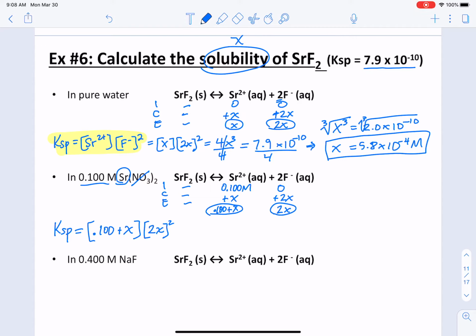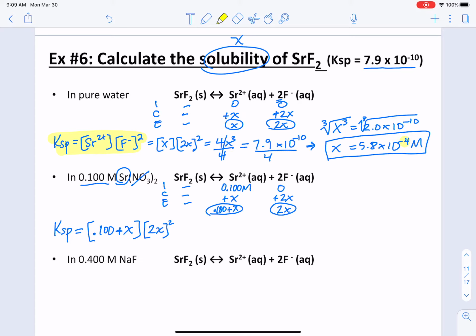Now, we've seen something like this before. If you think about how we would solve this, the mathematics would require a quadratic equation or something like that to solve for x. What we would assume, if you look up here, is that the value of x is pretty small, times 10 to the negative 4.